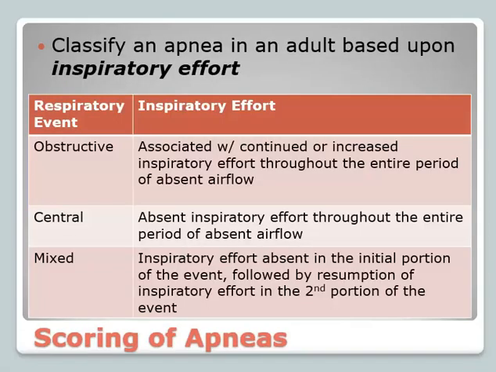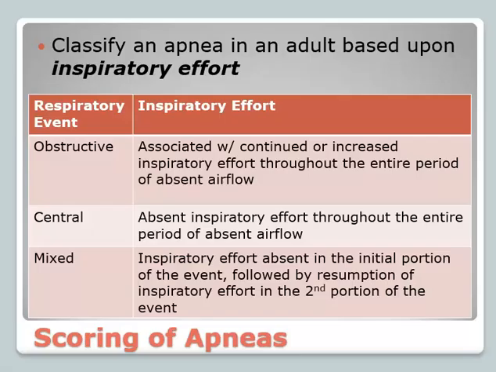To determine the type of apnea, you're looking at your respiratory effort, specifically your inspiratory effort. Once you see there's zero or absent airflow on your thermal sensor, you look at your RIP belts to determine whether there's effort or not. If there's continued effort, that would be considered an obstructive apnea.